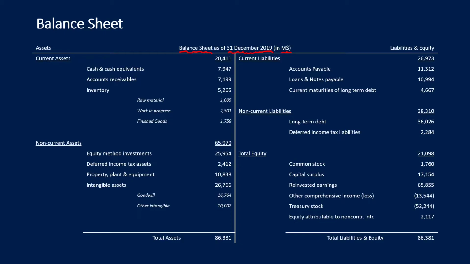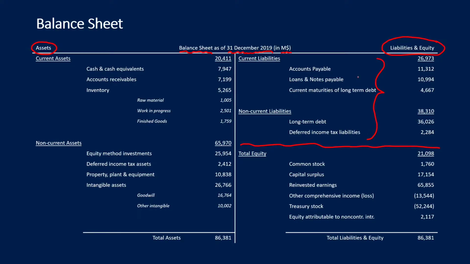Further, we see that the balance sheet is split into two parts. The first part is the asset part. The asset part contains all assets. That means everything that the company owns. And the second part is the liabilities and equity side. Liabilities and equity indicates that this part is two-split. It is two-split exactly here into liabilities.